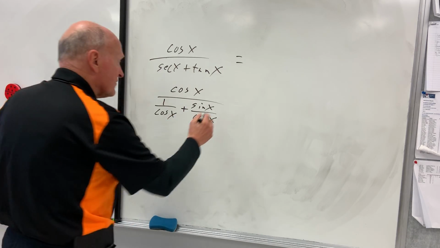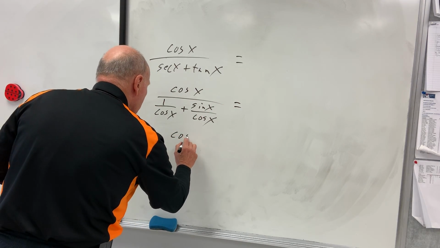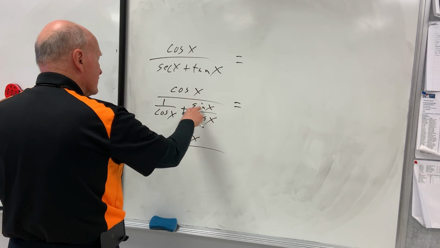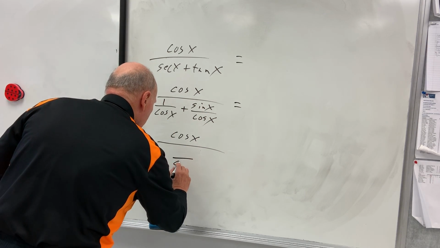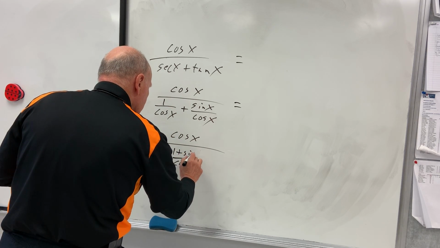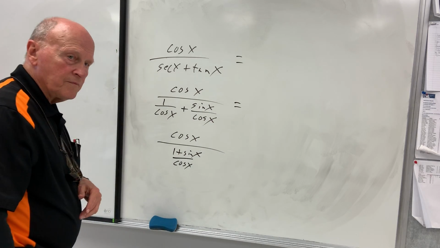All right, now I'm going to simplify this. I've got cosine x over. I have a common denominator, therefore I can add the numerators, with the common denominator being cosine x, and that would give me 1 plus sine x, like so.